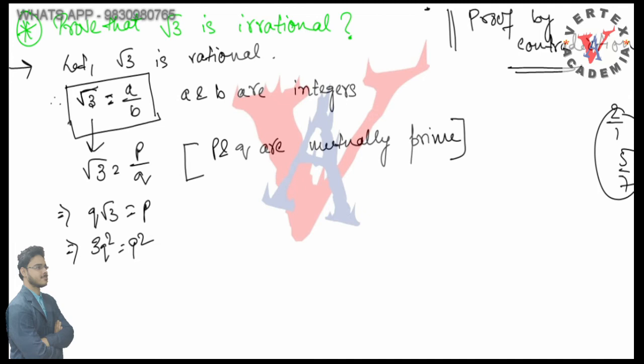So 3 is a factor of P square, that is, P square equals 3 into Q square, where Q is an integer and 3 is also an integer. So therefore 3 is a factor of P square and 3 is also prime.